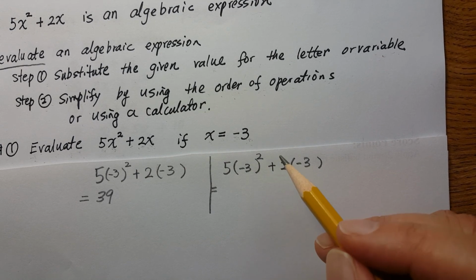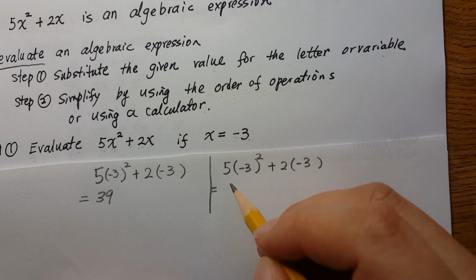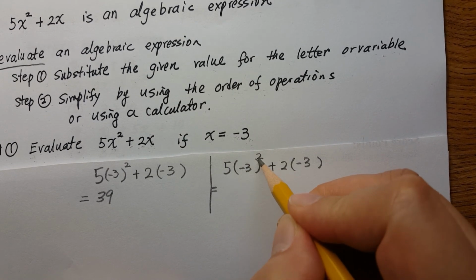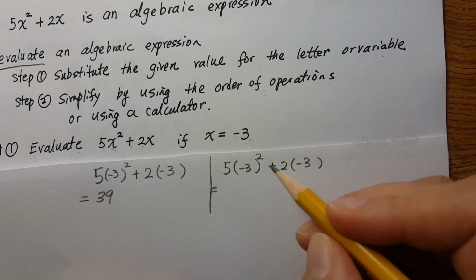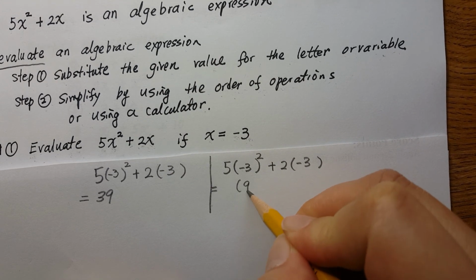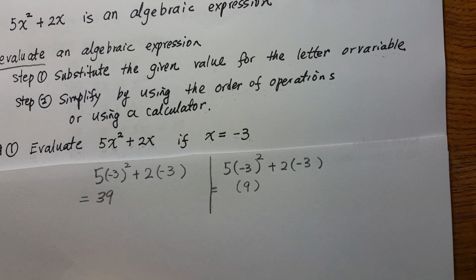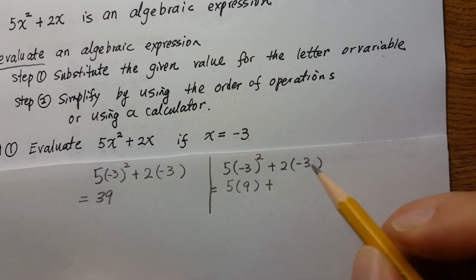So exponent, you have 2 that shows you that it's an exponent. So -3 times -3, so you get 9. And then you bring down the 5, and then plus.